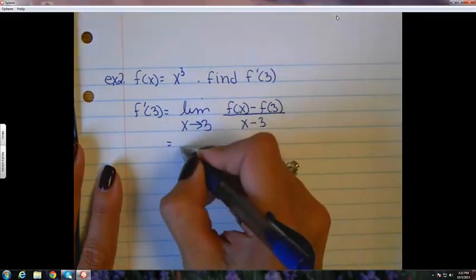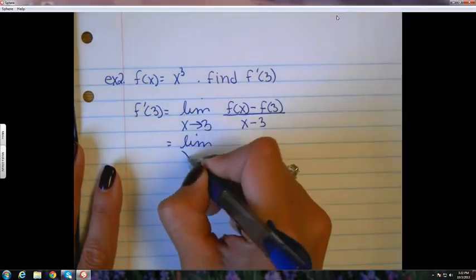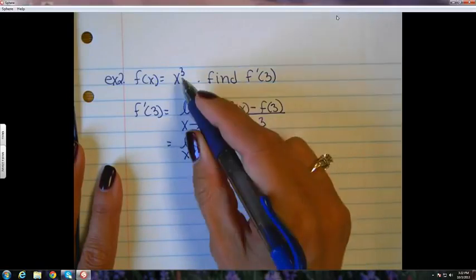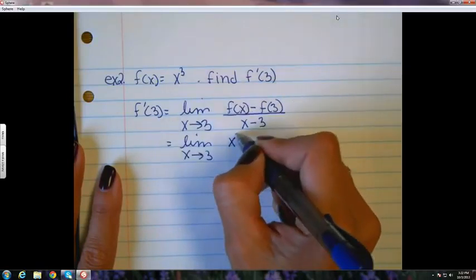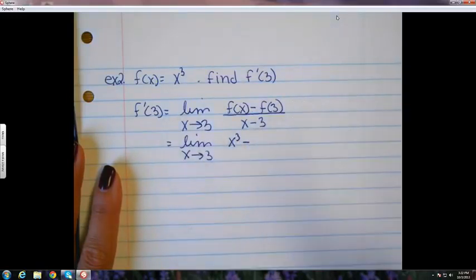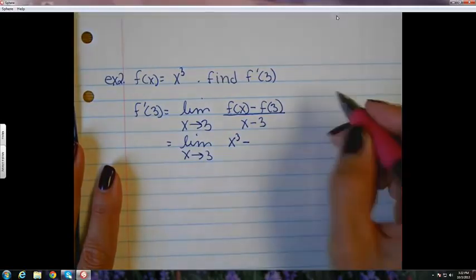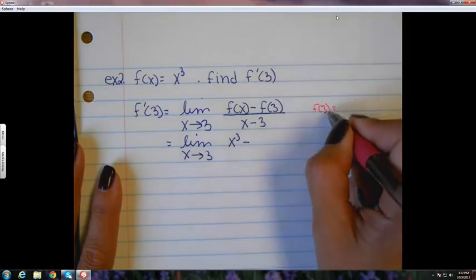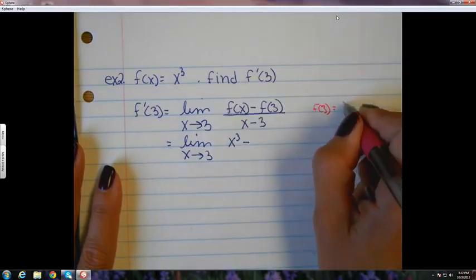So it's the limit as x approaches 3. f of x is my equation, it's just x cubed, minus f of 3. f of 3 means you plug 3 into the equation. 3 cubed is 27.